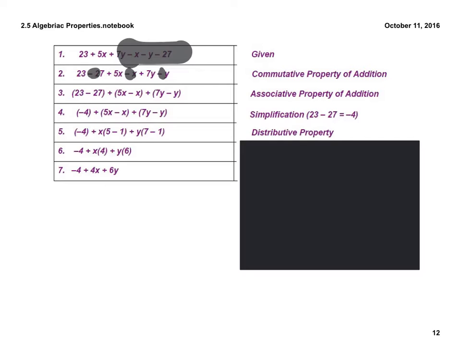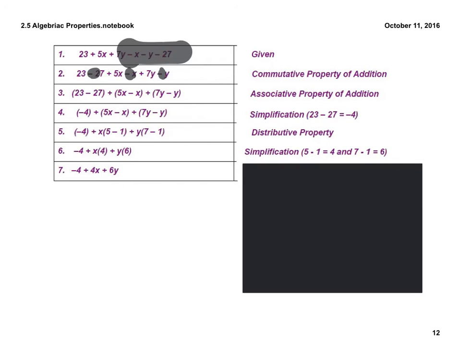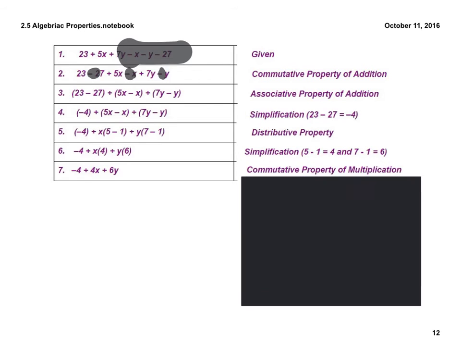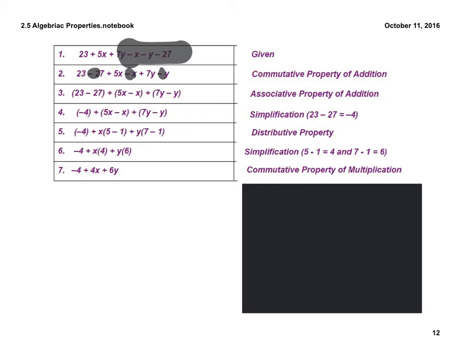We're taking that x and unmultiplying it from the 5x and the 1x. And the 7y and the minus y, we're taking the y and unmultiplying that, or dividing that out. Then we're simplifying again, we're subtracting again. 5 minus 1 is 4, 7 minus 1 is 6. And finally, we're using the commutative property of multiplication to rewrite x times 4 as 4x.